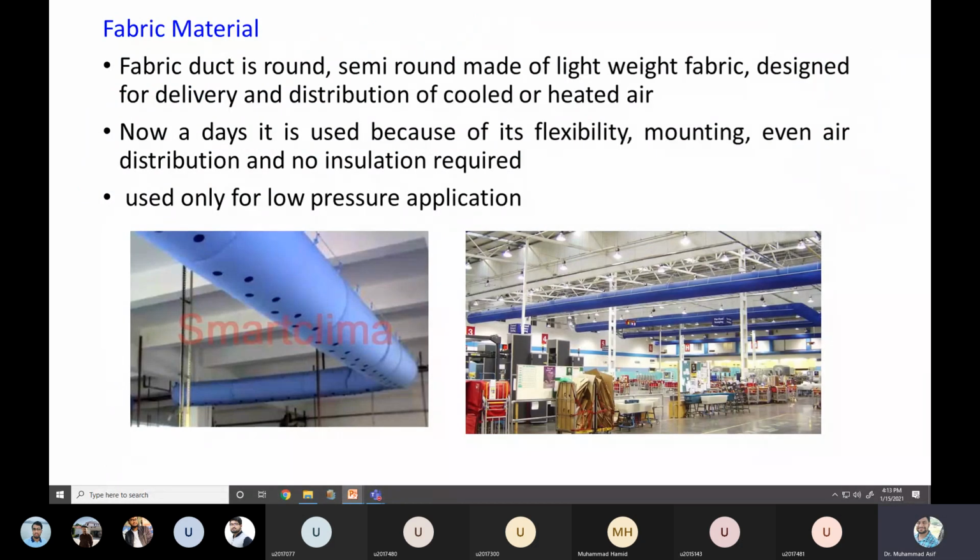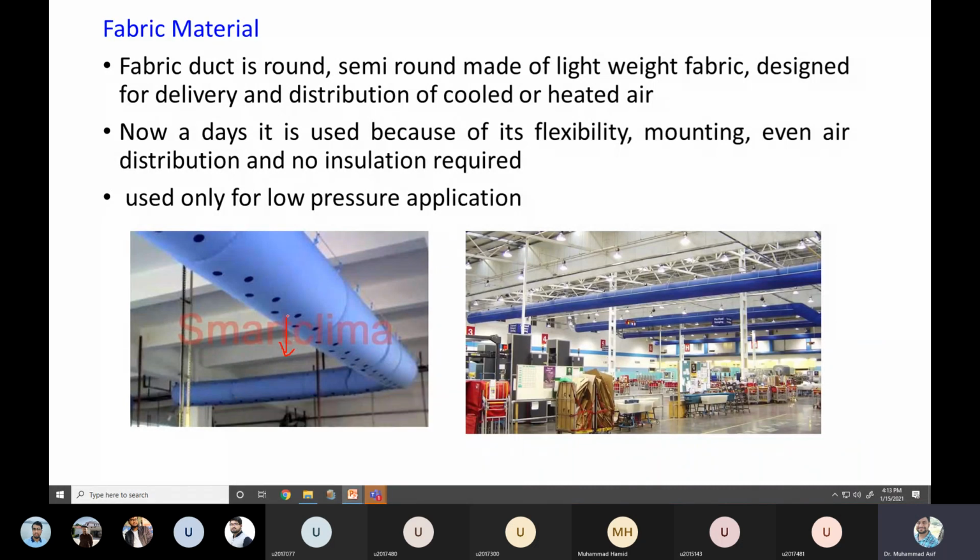And the next material that is very common for the ducting is a fabric material. As you can see, the fabric material can be used both for supplying the hot air as well as the cold air depending upon the application. But the fabric material is not suitable for high pressure air, right? This is very common nowadays because this is a portable one.